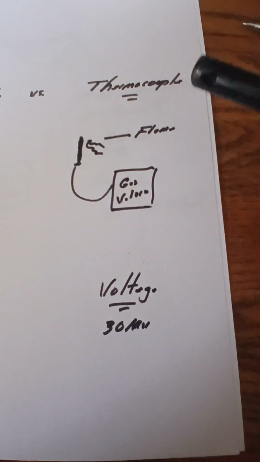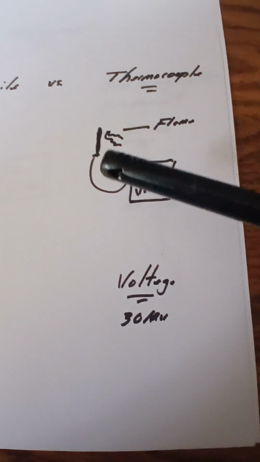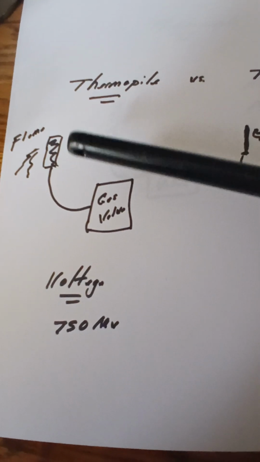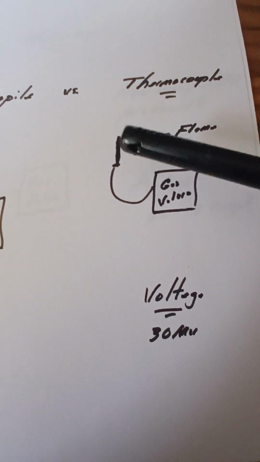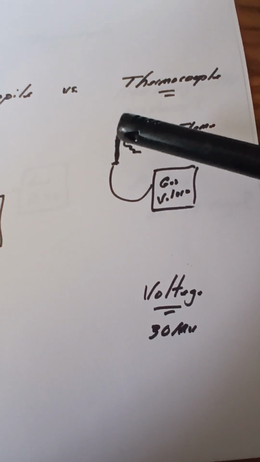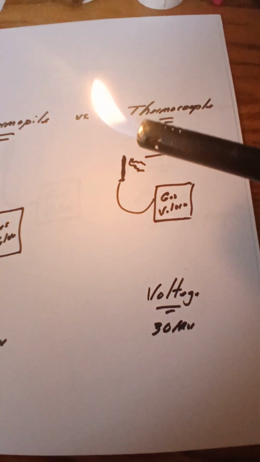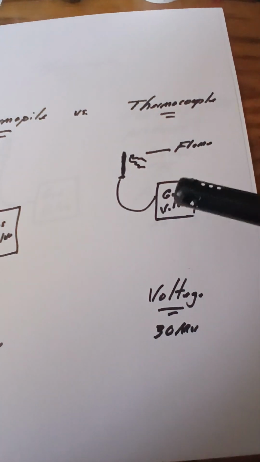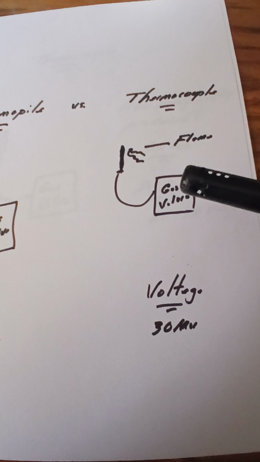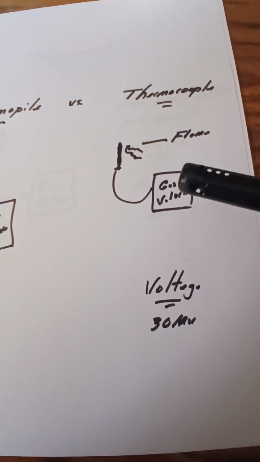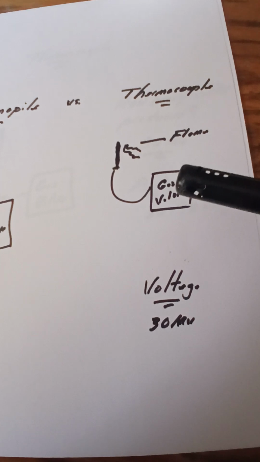So now we go over here to a thermocouple, and we notice the end of the rod is skinnier than the end of this rod. So therefore, it does essentially the same thing. The flame hits the end of this, heats it up, creates a DC voltage, and allows the gas valve to stay open, or minus the flame allows it to close.